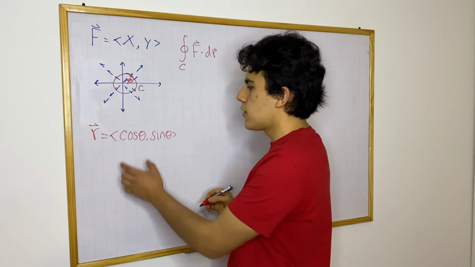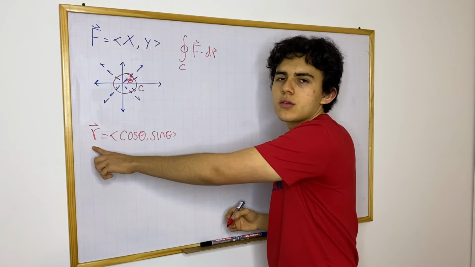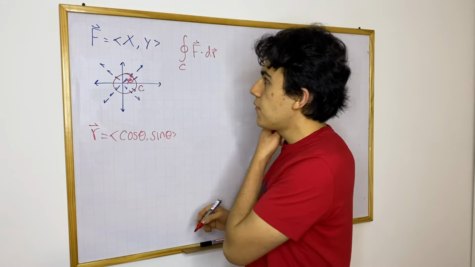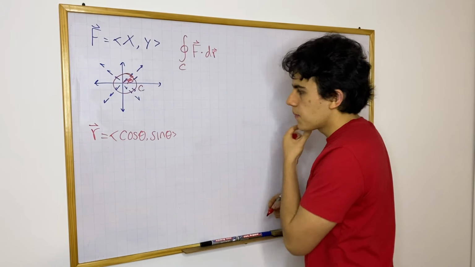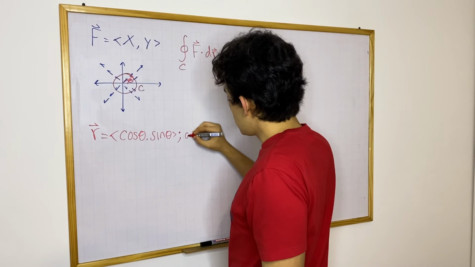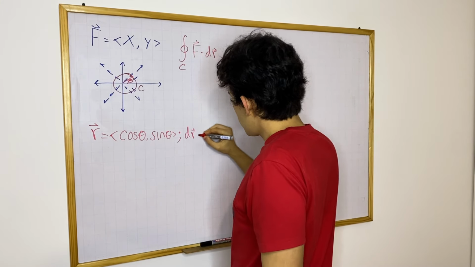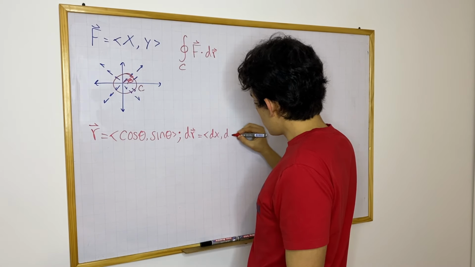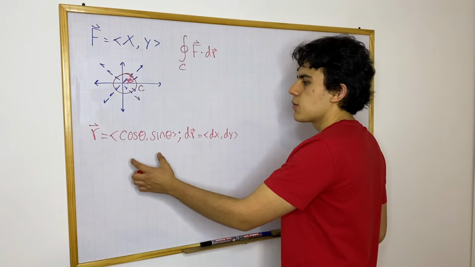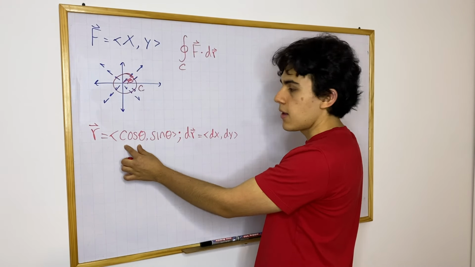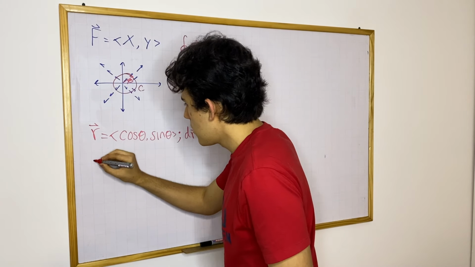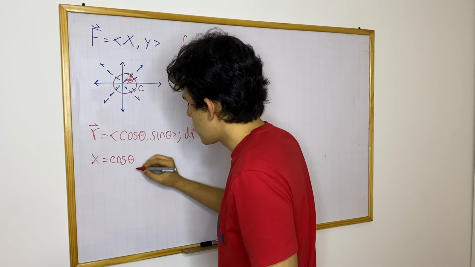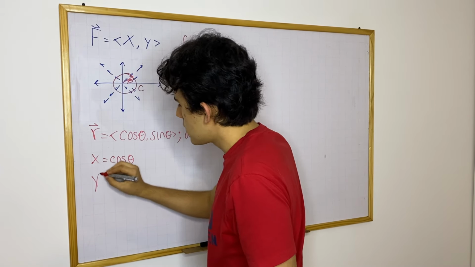Because this is the unit circle, the magnitude will just be 1. So then we can say that dr is going to be equal to dx, dy. We can say x equals cosine theta, that's how we parameterized it, and y equals sine theta.